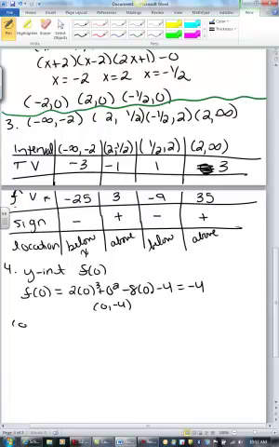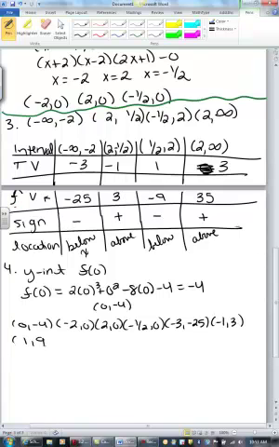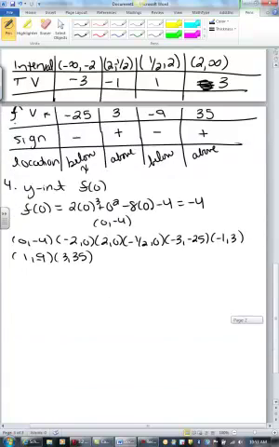We have our y-intercept. We have our zeros. We have our test values. And that should be enough information to give us a general idea for this graph.